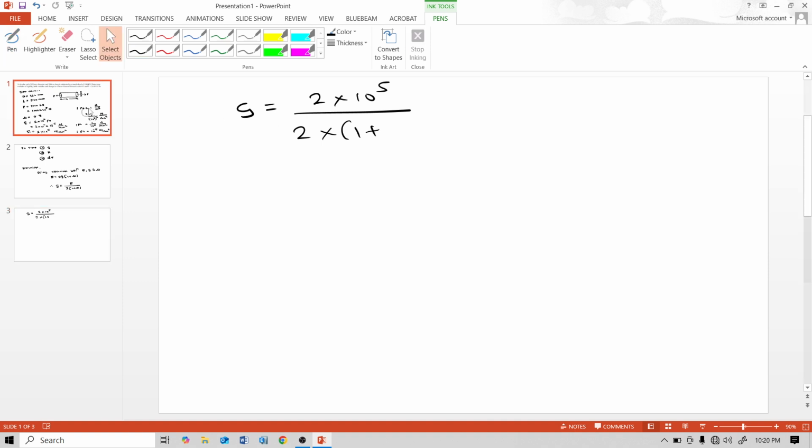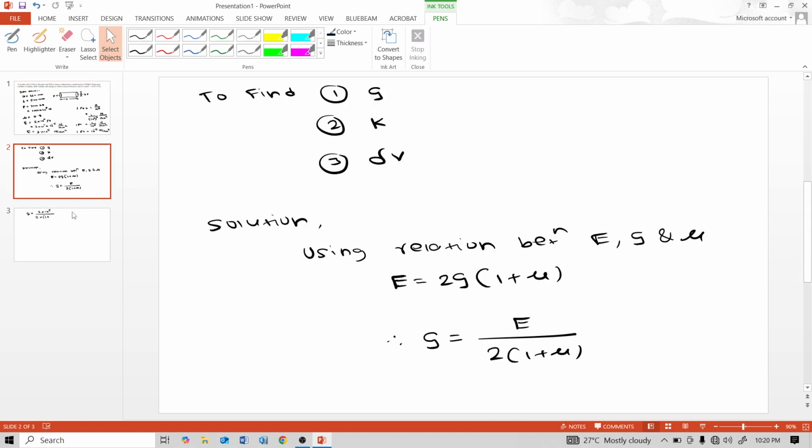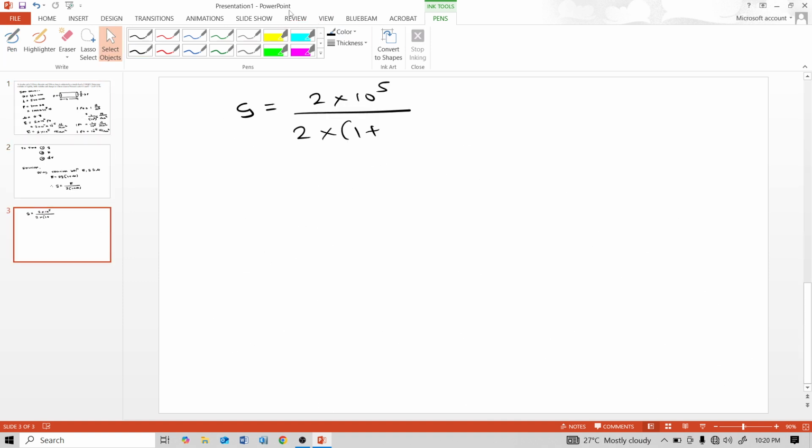Mu is 0.3. Therefore, here shear modulus is 2 into 10 raised to 5 upon 2 into in bracket 1 plus 0.3, which is 76.923 into 10 raised to 3 MPa.